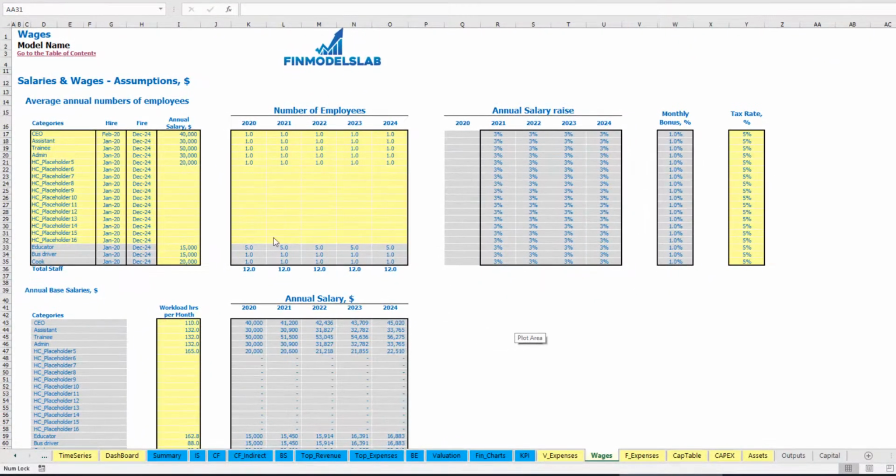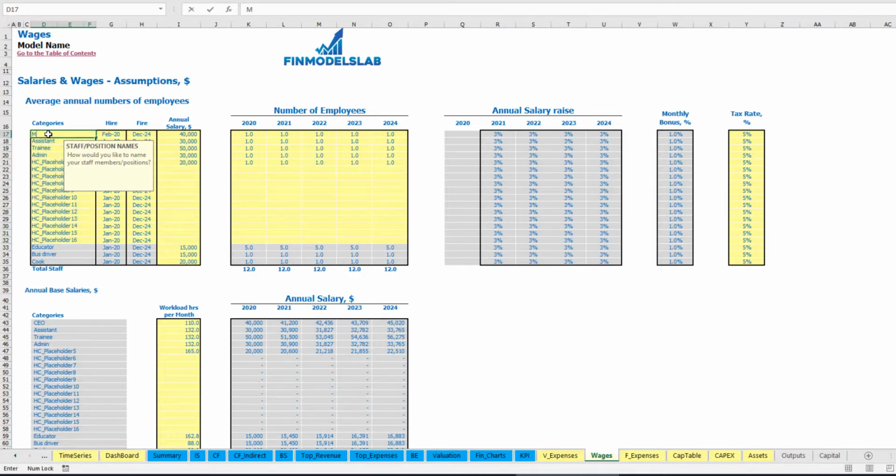On the Wages tab, you have up to 20 placeholders to input your staffing assumptions. Please note that some gray values are already predefined and you already input these positions for educator, bus driver and cook on the dashboard with some hire and fire dates. For these positions you are able to input only annual salary. In addition, you have 16 yellow placeholders, which you can change.